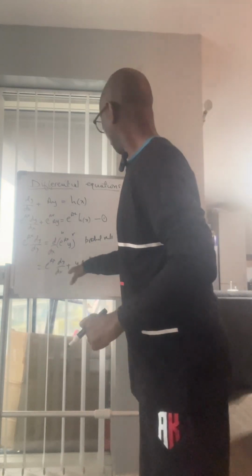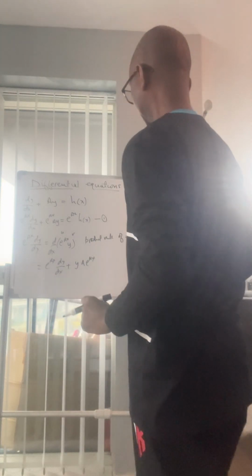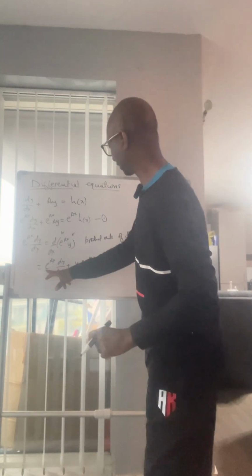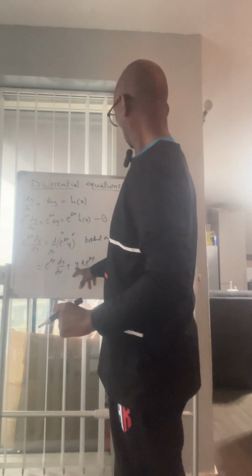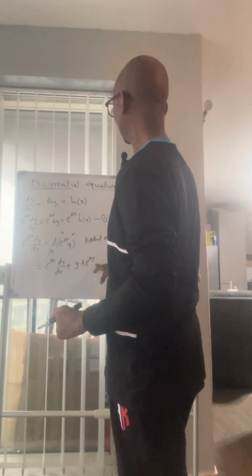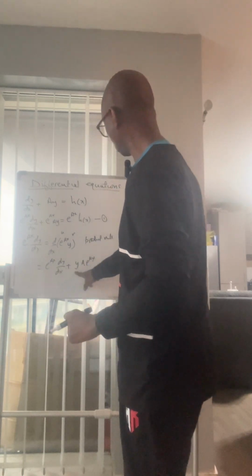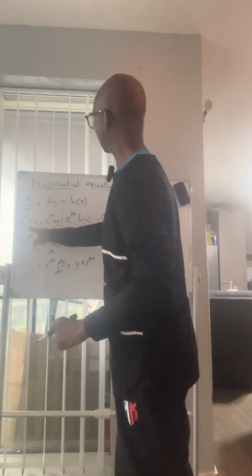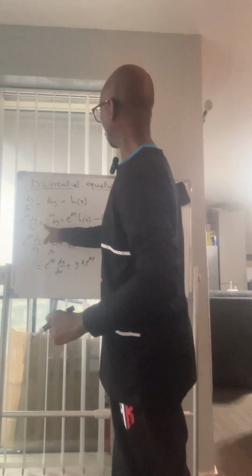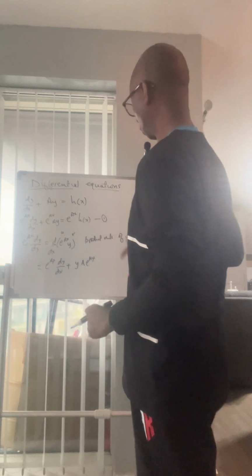Right? So you do this product rule, you get this. And what is this then? e raised to the ax times dy dx, plus y times a e raised to the ax. So you can see that this function here is the same as the function on the left hand side of equation 1.